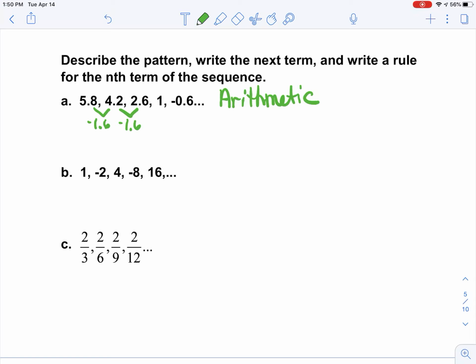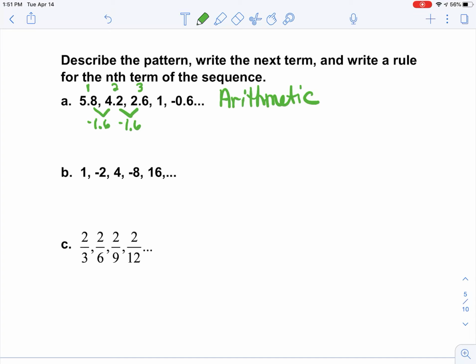Okay. Now it says write a rule. So if this is my first term, this is my second term, this is my third term, how am I going to figure out how to get that? Well, you'll be given a formula tomorrow.